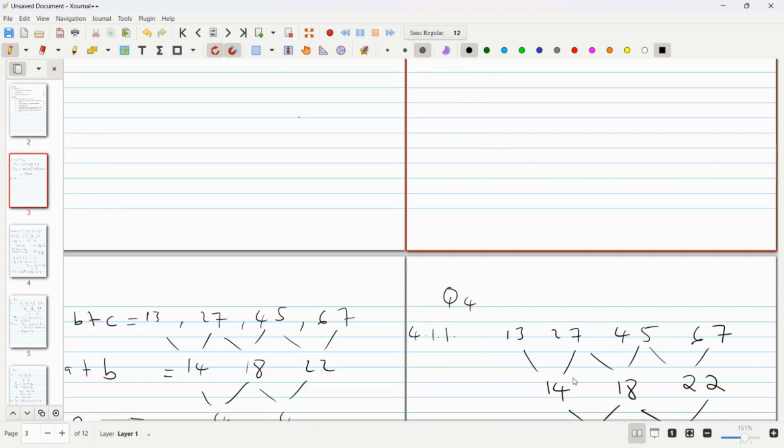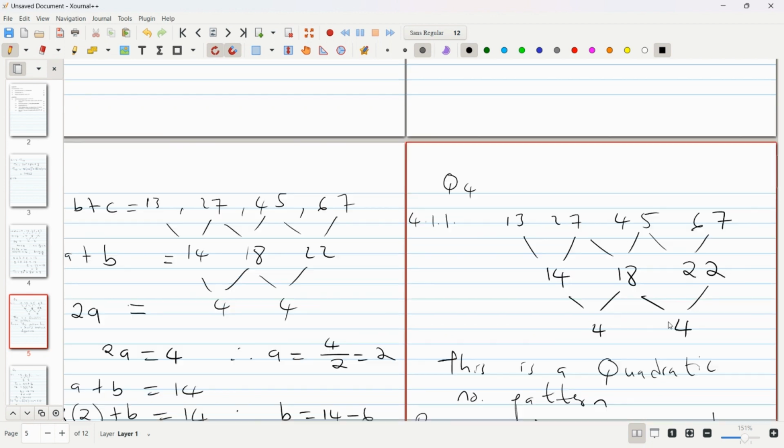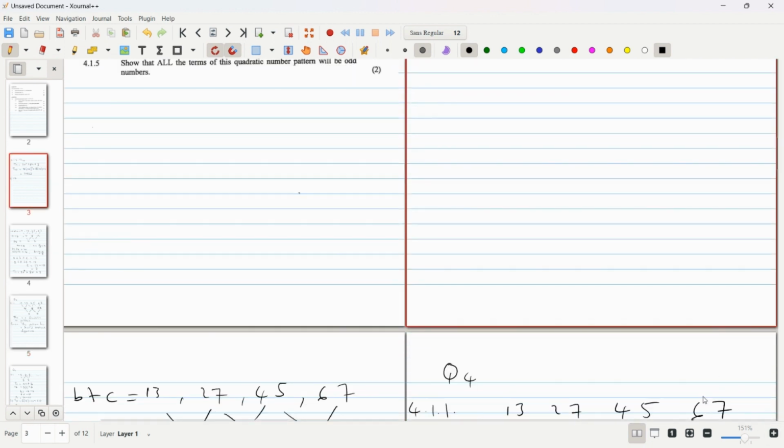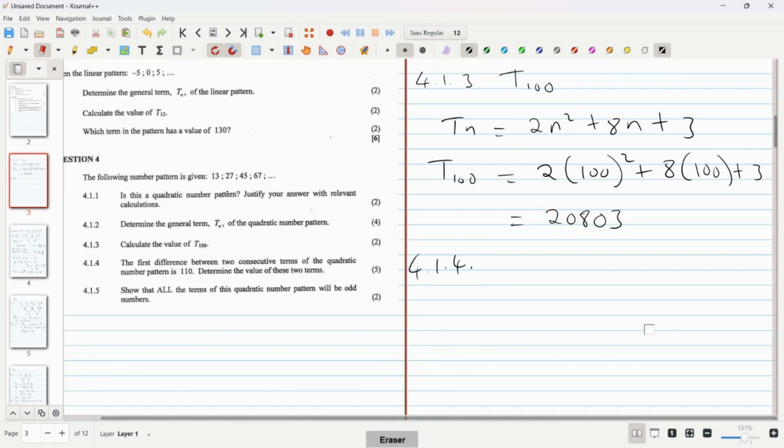So we look at the pattern here on the first difference. The first difference we have 14, 18, 22, not 24, 22. Okay, so we need to write that pattern here.